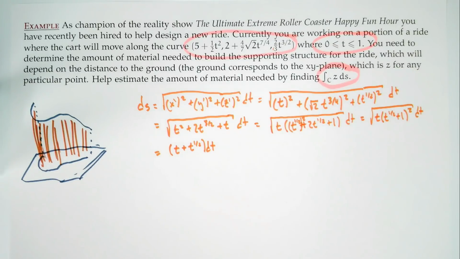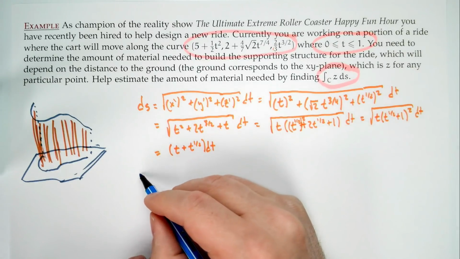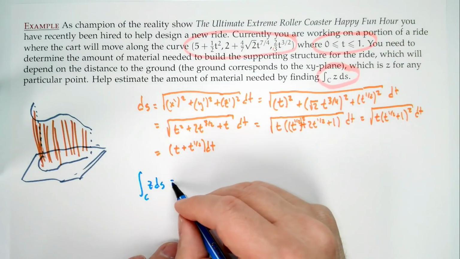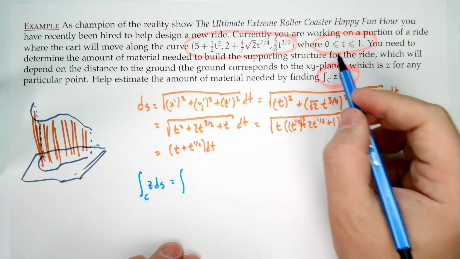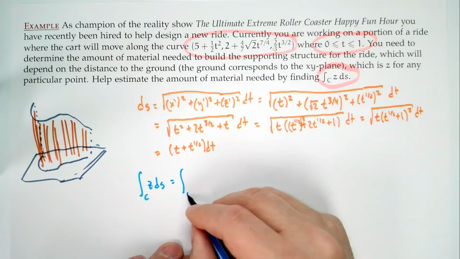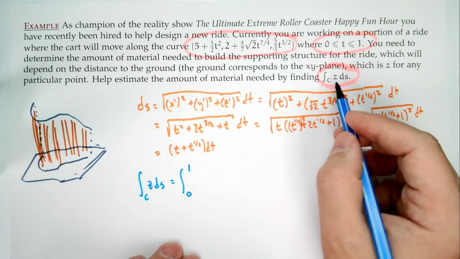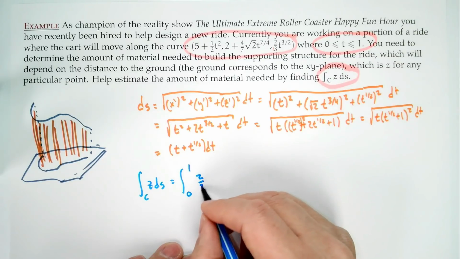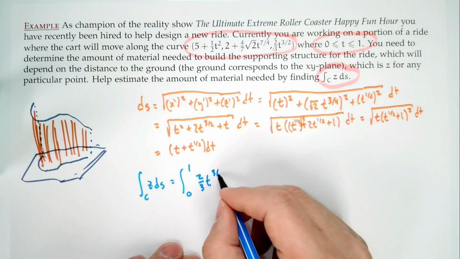Okay, well, so the integral along the curve of z ds is going to be the integral, the bounds, 0 to 1. The z is the 2/3 t to the 3/2. So 2/3 t to the 3/2.